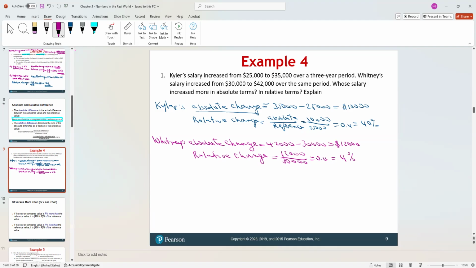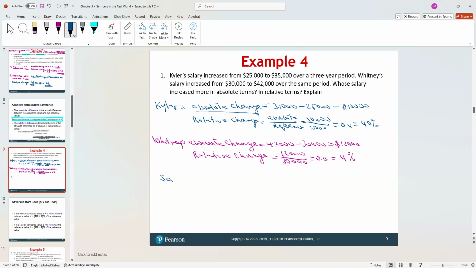I want you to listen to what I just said. Whitney's salary goes more in absolute terms, but the relative change was the same. This happened because we are comparing Whitney's larger absolute change to her also larger initial salary. So that's what happened. But they ask you, would salary increase more?